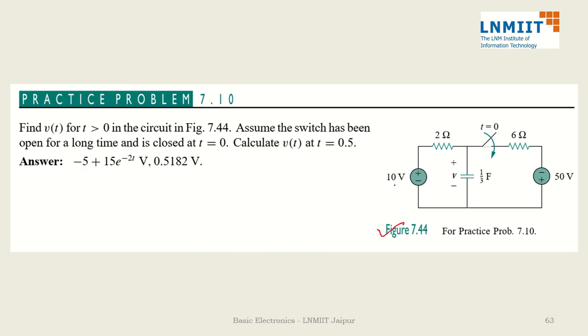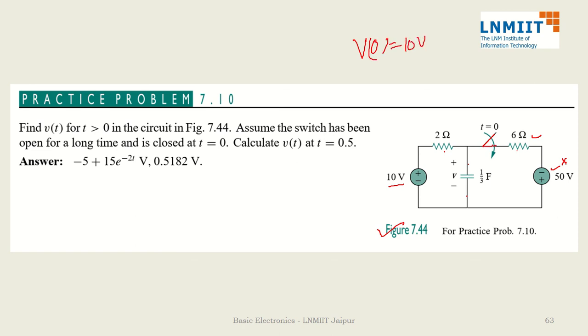There is a very similar question that you can practice. Here we are saying there is a 10 volt source, there is 2 ohm, 6 ohm, and there is a 50 volt source, and this is the capacitor. Earlier the switch is open. If the switch is open, that means this and this are not in my circuit. So 10 volt is the initial voltage.